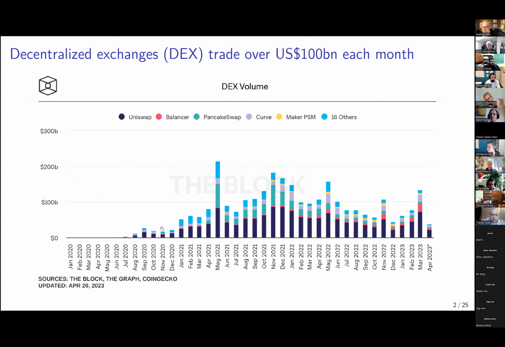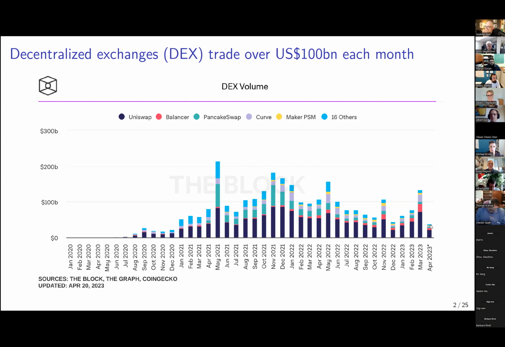Nevertheless, decentralized exchanges have become more popular since the end of 2020. They trade over $100 billion every month, and sometimes they exceed even 200 in 2021, 2022. Trading has tapered down a bit lately.